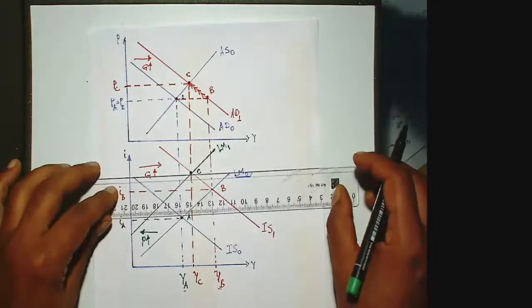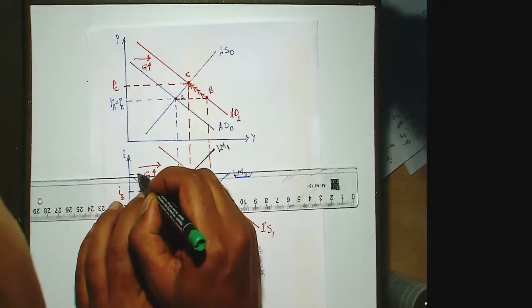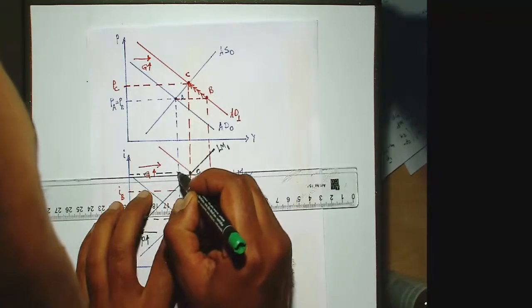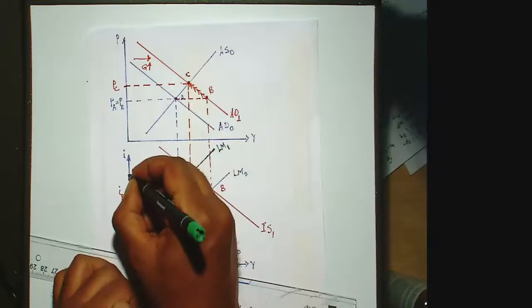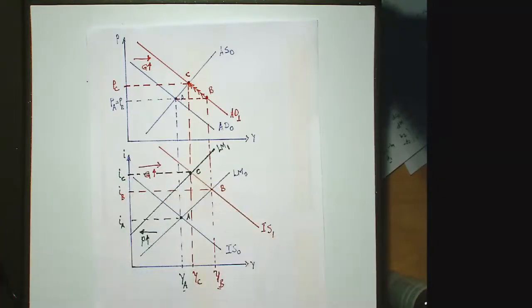Here again, we have an increased interest rate, which is represented by IC. This point C indicates a higher interest rate.